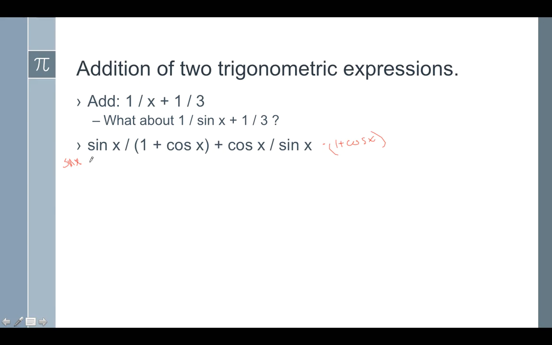So my left fraction, sine of x times sine of x becomes sine squared of x over sine x times 1 plus cosine of x, plus, okay, so this is cosine times 1 plus cosine, so I'm going to distribute that. I'm going to say it's cosine x plus cosine squared x over sine x times 1 plus cosine x.